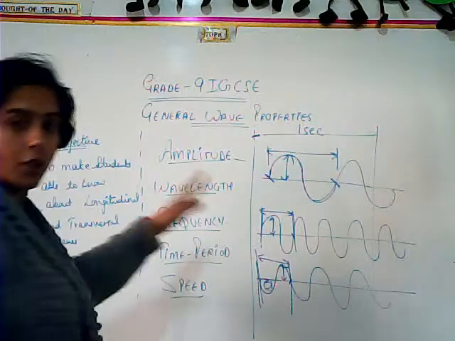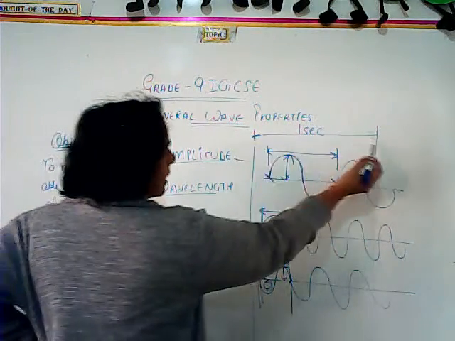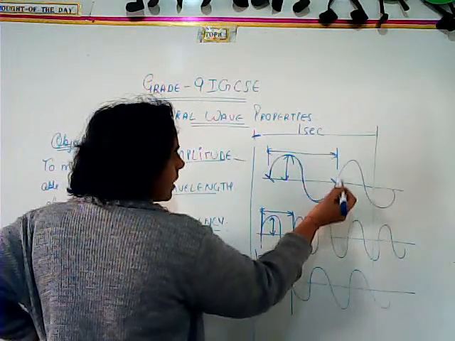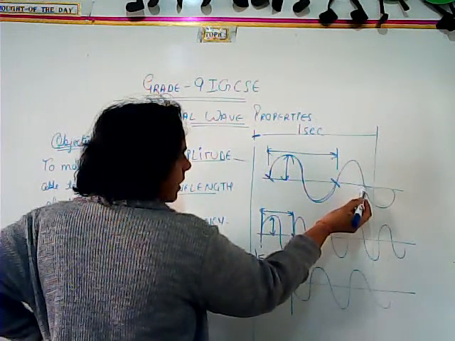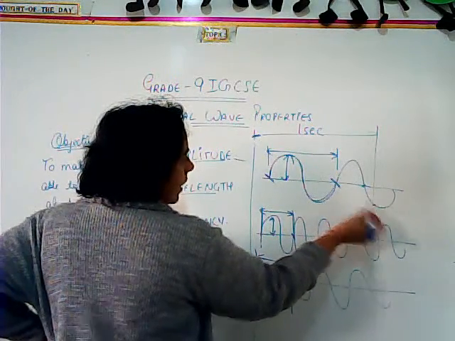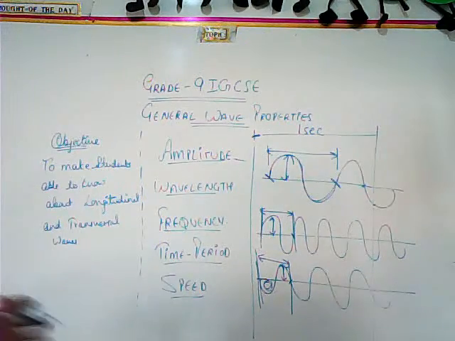Fine. So if you look here, 1 second is from here to here. So this is one complete wave. This is 1.5, and this a little further ahead, the second wave is not complete. So you can say 1.75. Fine.